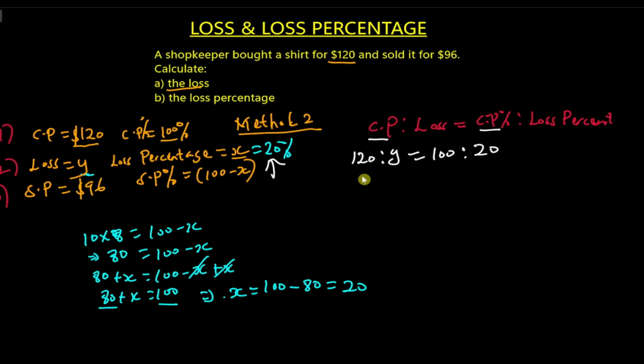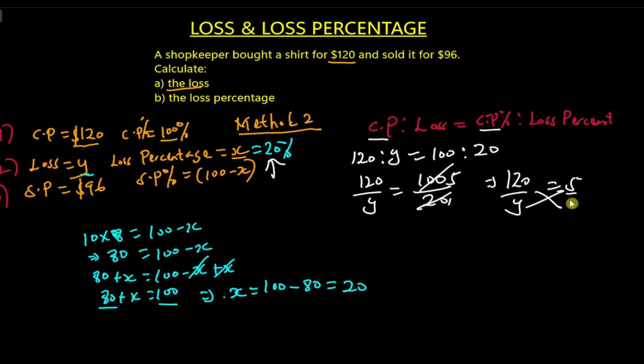Now over here is 120 over y, which is equal to 100 over 20. Now even before you do cross multiplication, 100 over 20 is the same as 5, since 20 goes into 100 five times. So we have 120 over y, which is equal to 5.